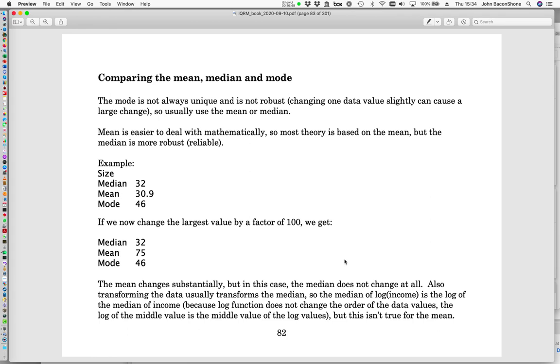So in our example, we already said that the mean was 30.9, the median was 32, and the mode was 46. What would happen if accidentally we input one of those values wrong? Let's go back and look at our data again.